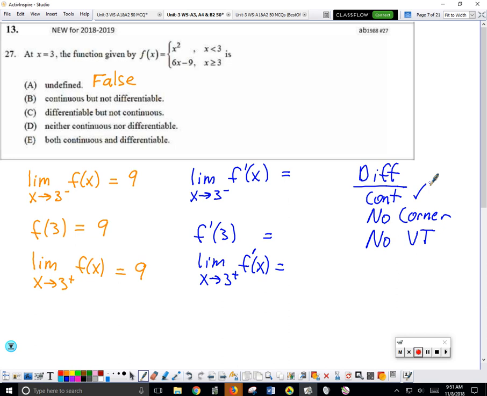A vertical tangent I also know is not a problem, because we learned the other day that a vertical tangent occurs when the derivative ends up being a number divided by 0. Well, I can find this derivative because that's a simple function. So f prime looks like this. That's f prime.